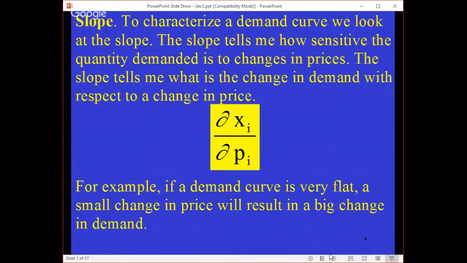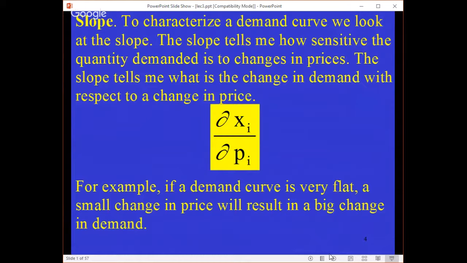The price of that good affects the demand for that good. I also know the prices of other goods affect the demand, and I know income affects the demand. There are other things that affect the demand for that good, things like advertising, weather, and really a whole host of other things. Some of which we'll talk about, some of it we'll just leave up in the air. But there's a bunch of stuff that affects demand.